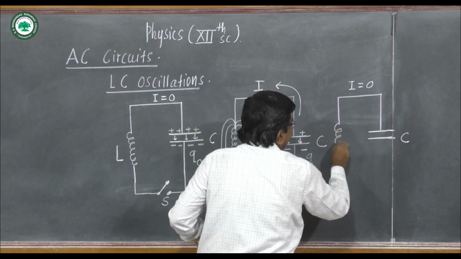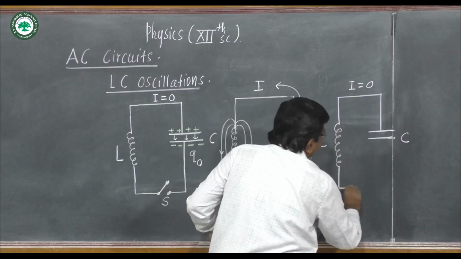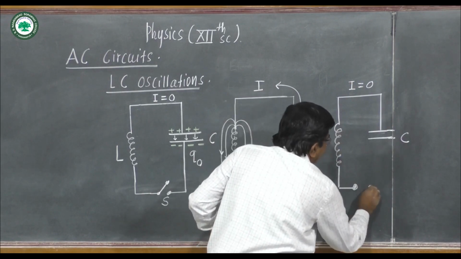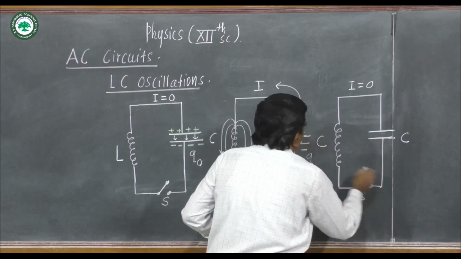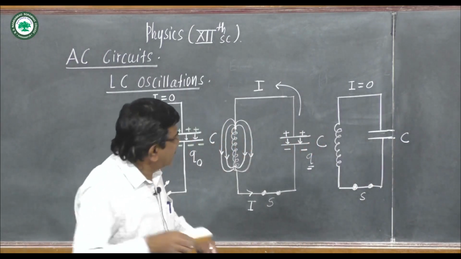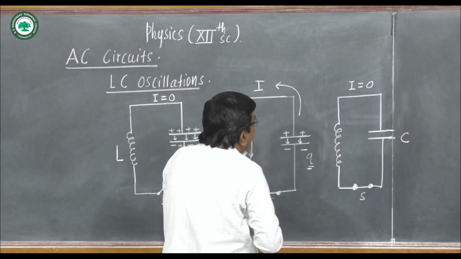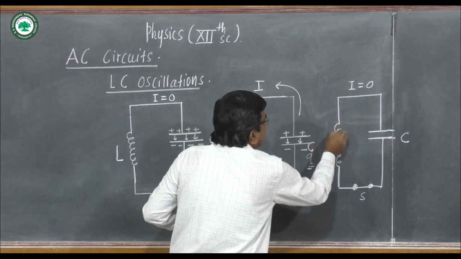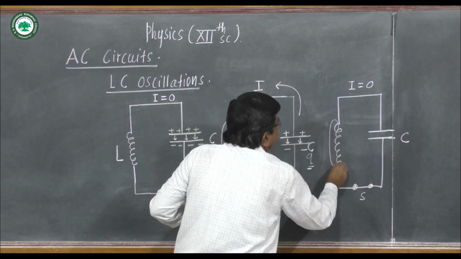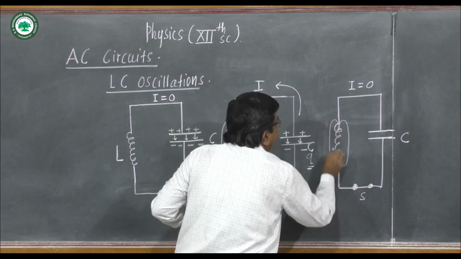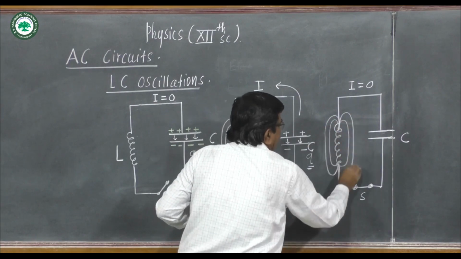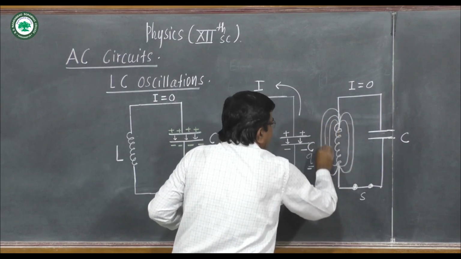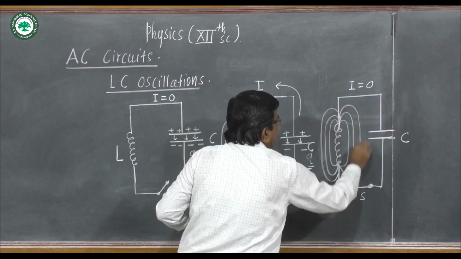This is the inductor L. The switch S is closed here. What happens? All the energy of the capacitor is converted into magnetic field energy of the inductor.